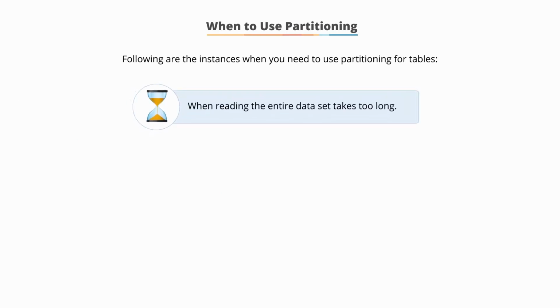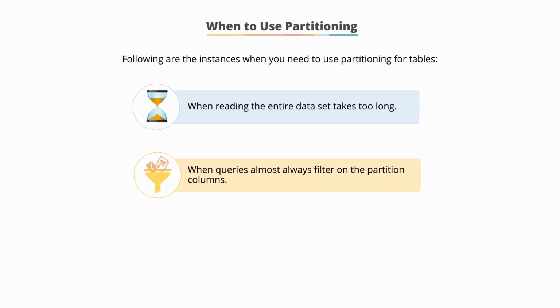When to use partitioning. Following are the instances when you need to use partitioning for tables. First, if your reads and queries are taking too long, reading the entire dataset may indicate you want to use some partitions. Also, queries will almost always filter on the partition columns.